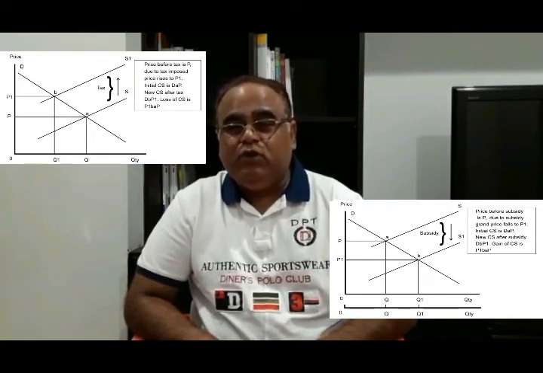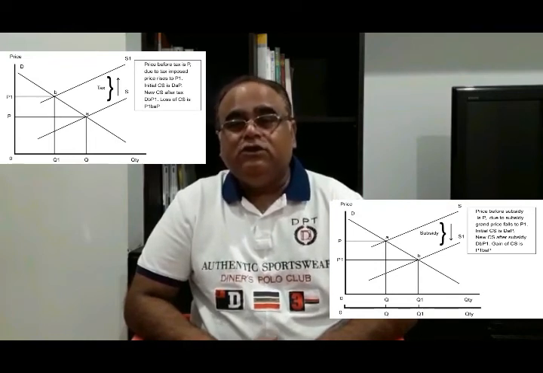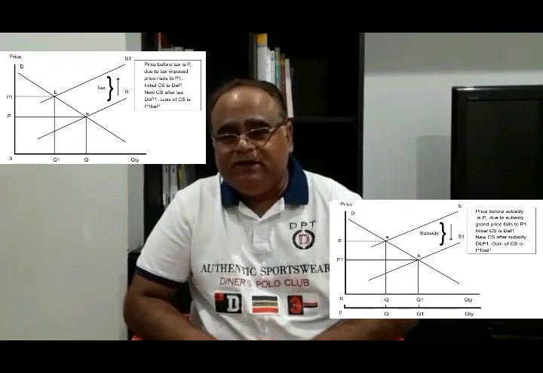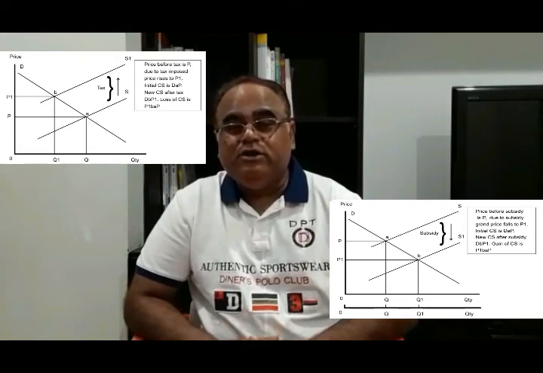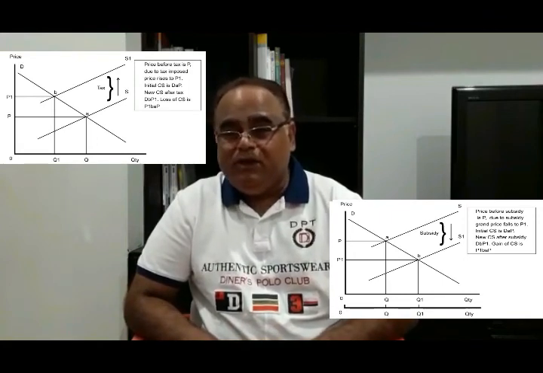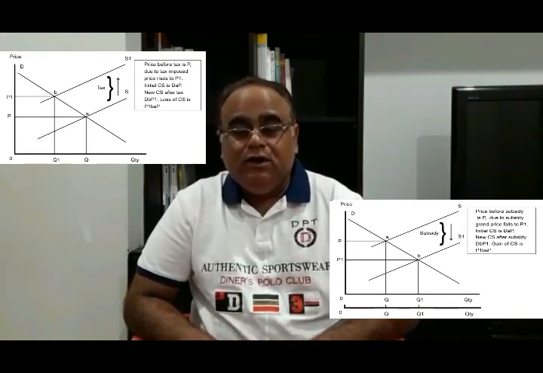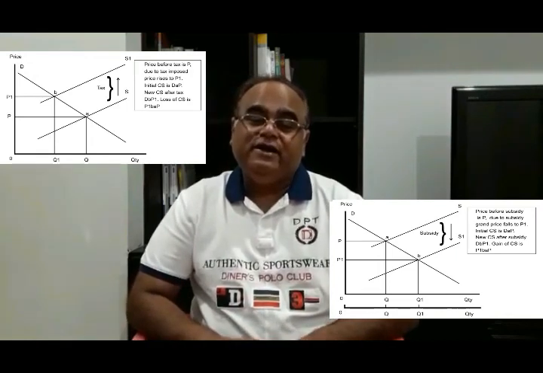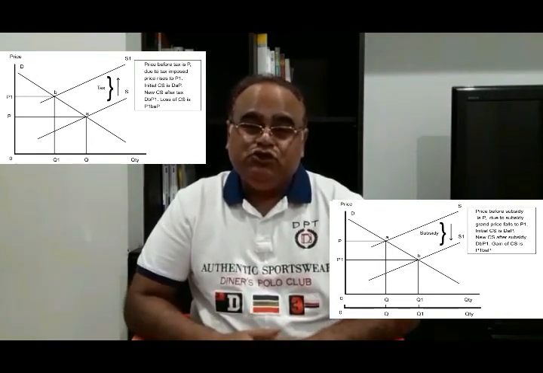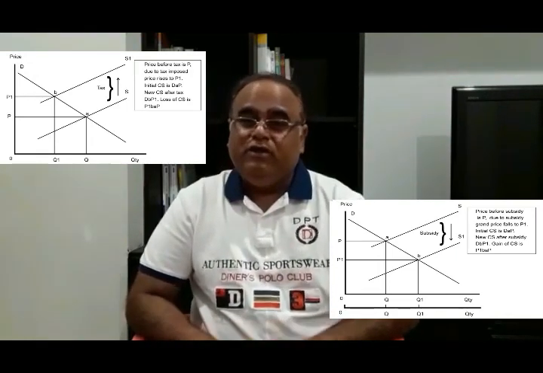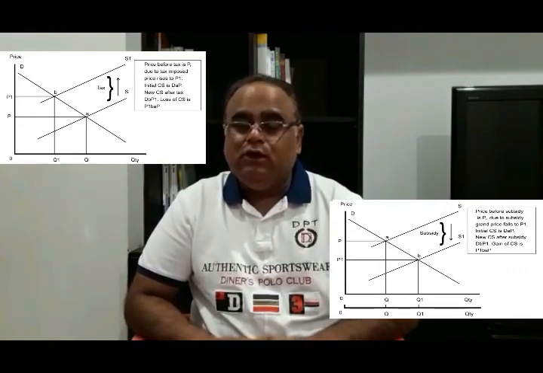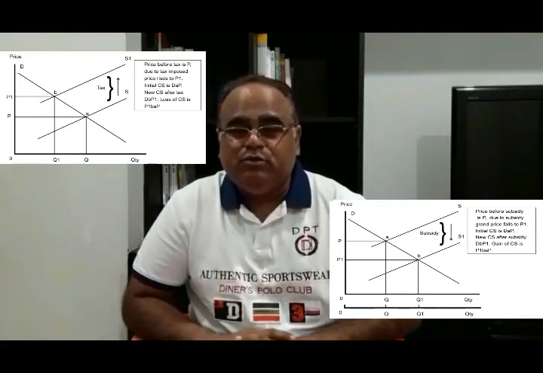So you can see that whenever a subsidy is given, the price falls and the size of the consumer surplus increases. The gain in consumer surplus there is PABP1, right? So this is clear: whenever an indirect tax is imposed, the size of the consumer surplus will go down, and whenever a subsidy is given, the price would fall, and that's why the size of the consumer surplus would increase.